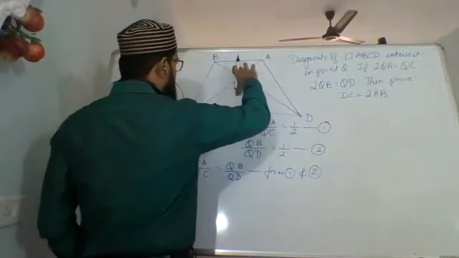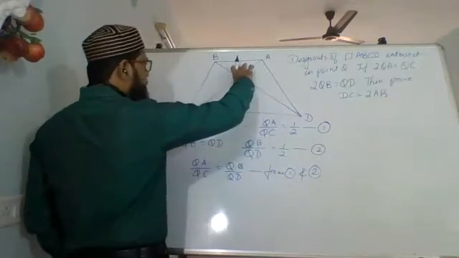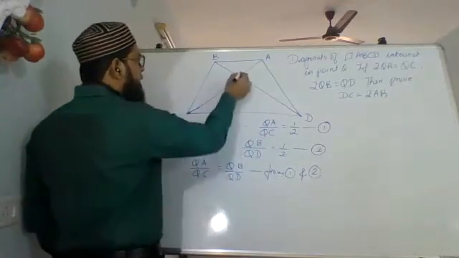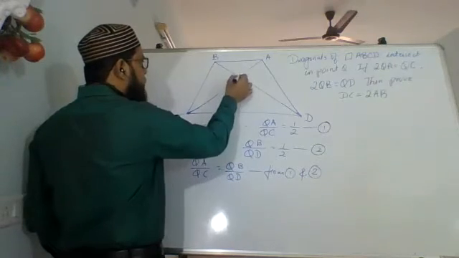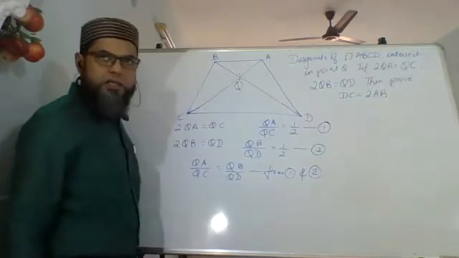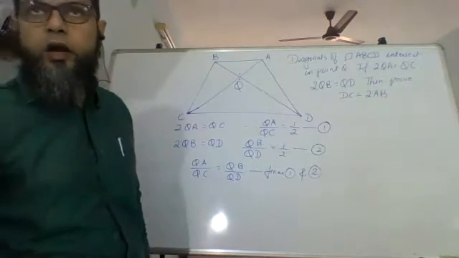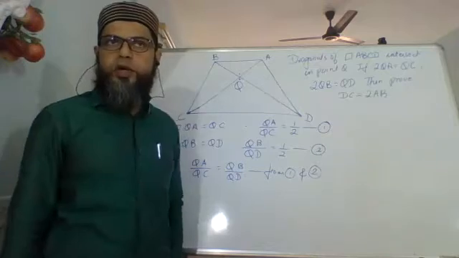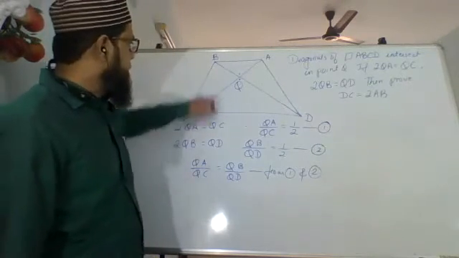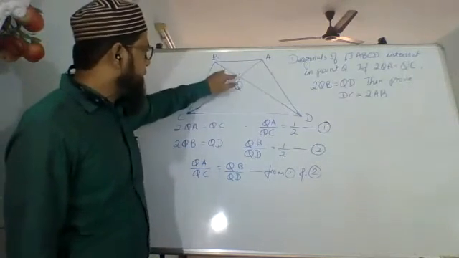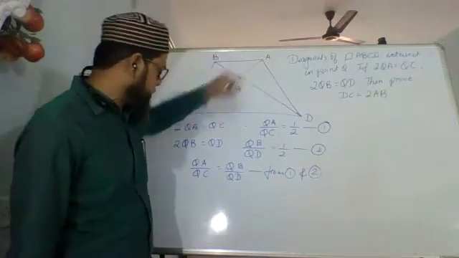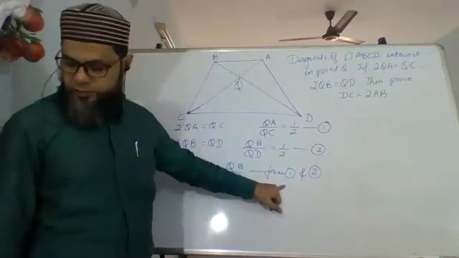These two triangles, I will prove that they are similar because these are vertically opposite angles. And as we know, vertically opposite angles are congruent. So these two angles are congruent, and this upon this is equal to this upon this, already proven over here.